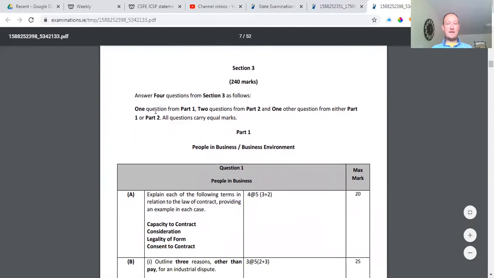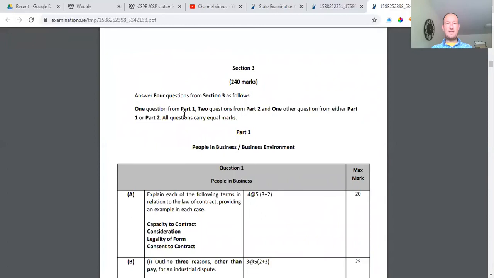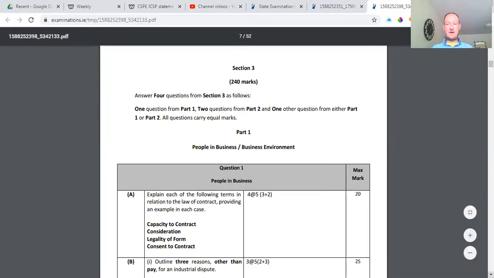Now, there's a tricky extra little bit here in that you answer 1 question from part 1, 2 questions from part 2, because you'll see section 3 has different parts to it. So you answer 1 question from part 1, 2 questions from part 2, and 1 other question, so you can get your last question from either part 1 or part 2. And they'll all carry the same amount of marks.